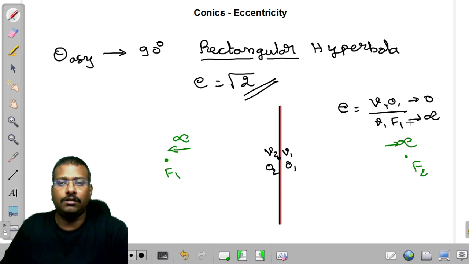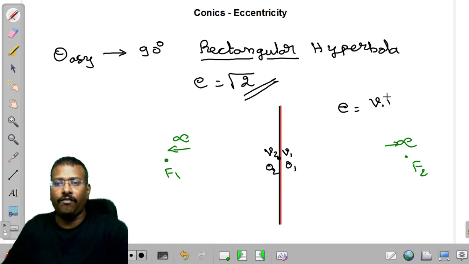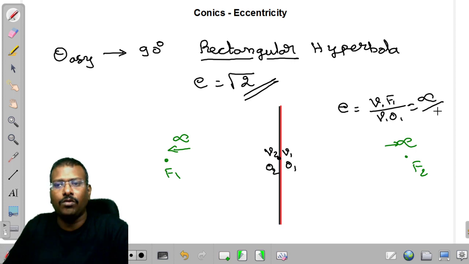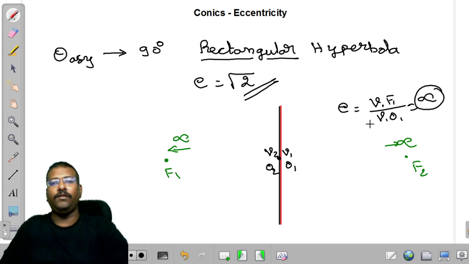Therefore, one second. Sorry, I wrote it in reverse. So it is going to be V1 F1 divided by V1 O1. So V1 F1, the distance between V2 F, is infinity, and it is divided by a very small value, nearer to 0. Very small, you can consider it as 0.0000 something. So it is almost 0. Then also it is going to be infinity.